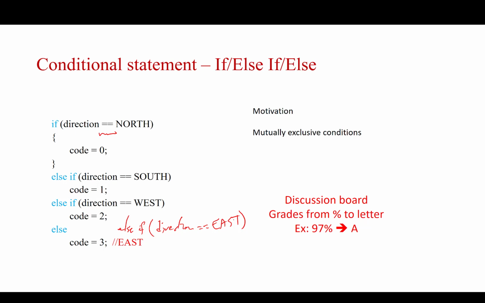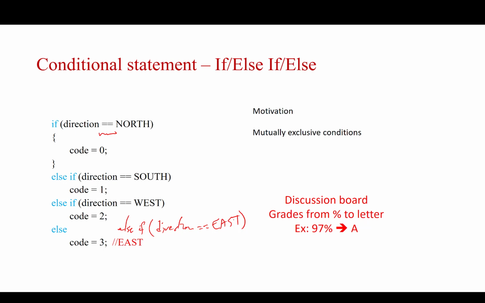But if you have different conditions, it's better to go with each one, else if, else if, else if. But since you have only one remaining condition, if it is not north, not south, not west, it is understandable that the last one will be east. If it is not north, south, west, then 100% the last condition will be east.